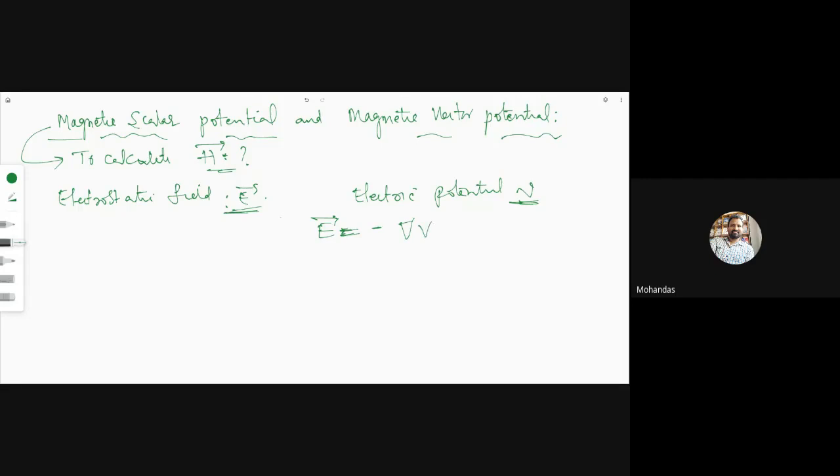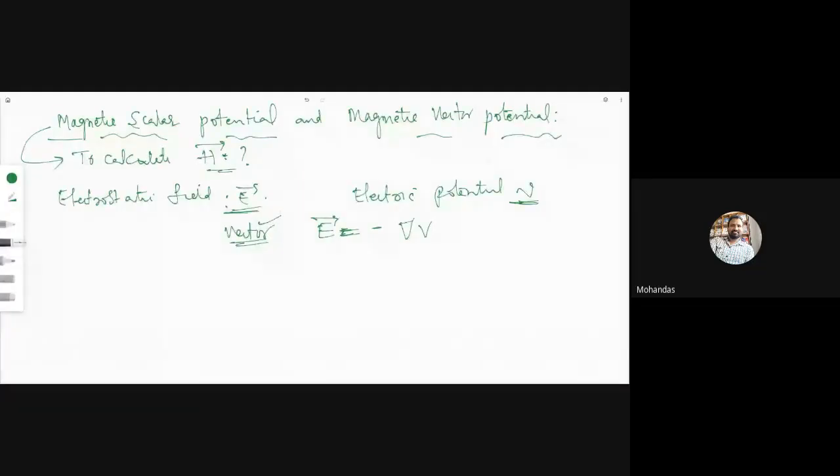Very good. That means, as electric field intensity is a vector quantity, adding vectors is a time-taking process. But if you want to add scalar quantities, it is only an arithmetic sum.